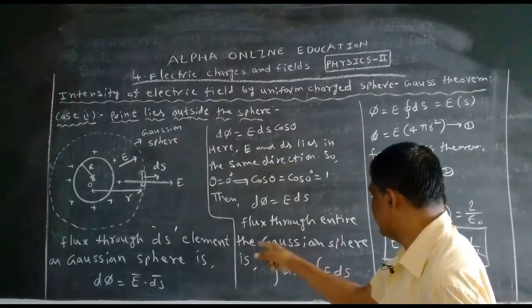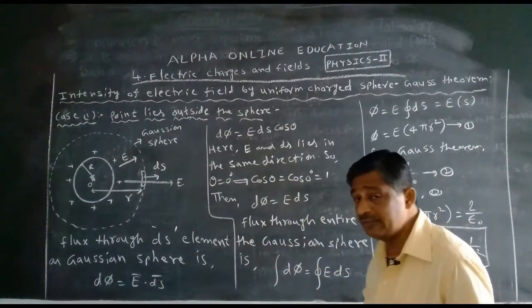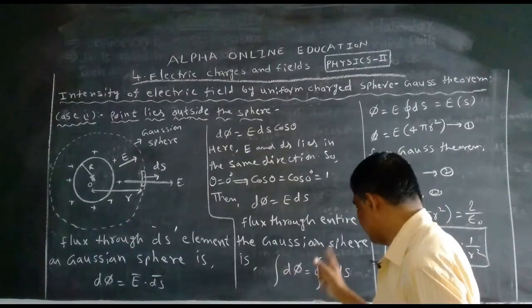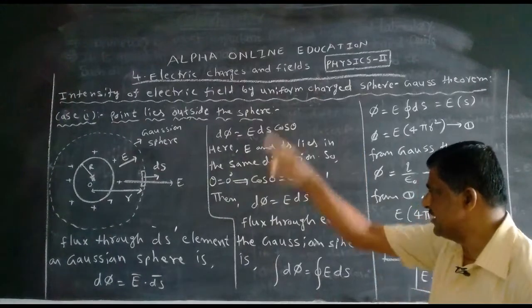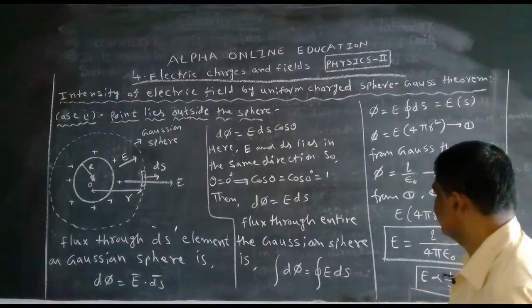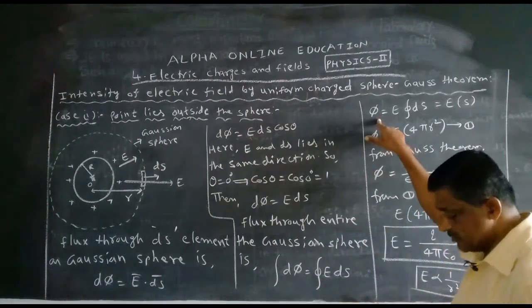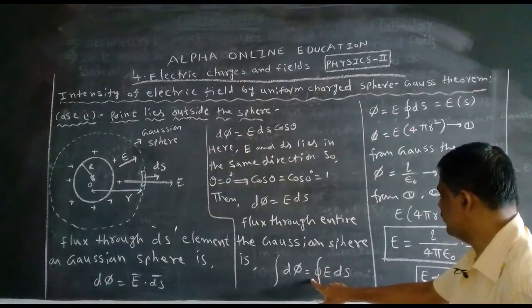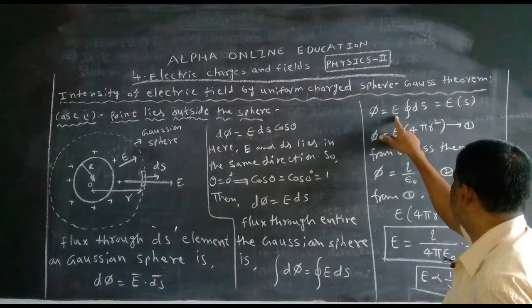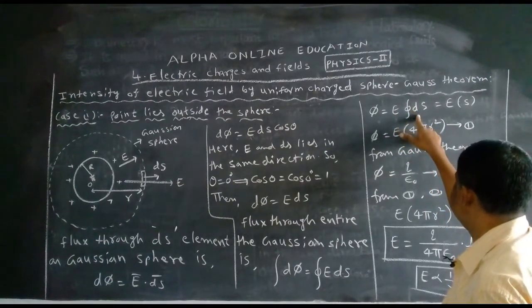Now flux through the entire Gaussian sphere, what do we want to do? Integration. Integral d phi is equal to closed integral E ds. Integral d phi is phi. E is a uniform electric field, so take E outside: closed integral ds.